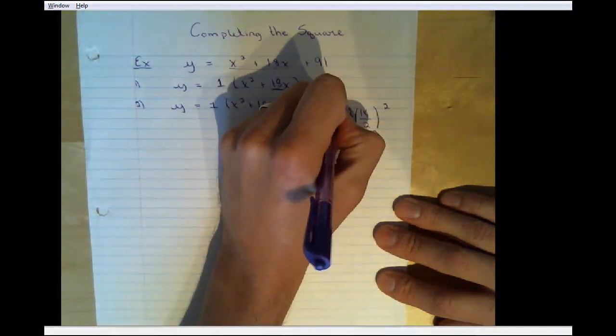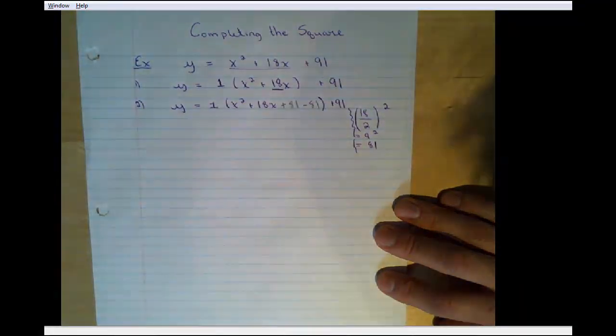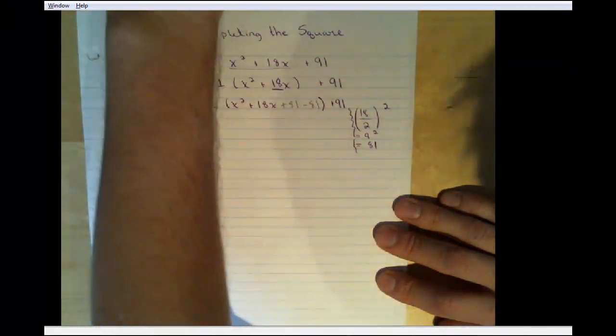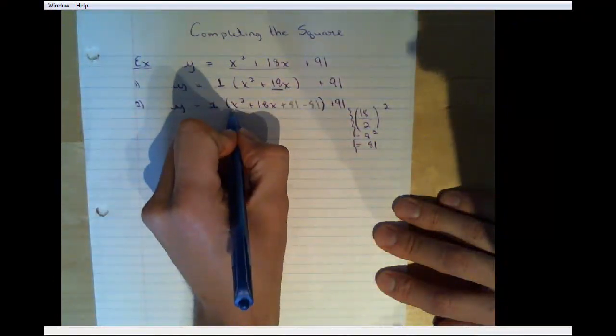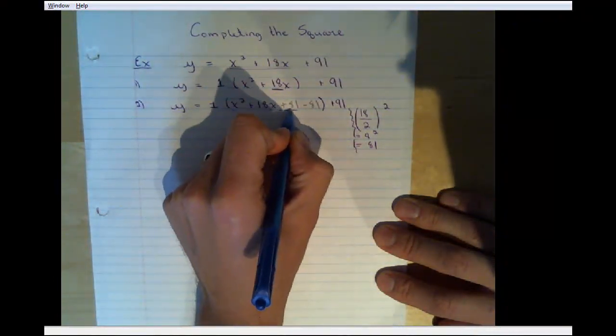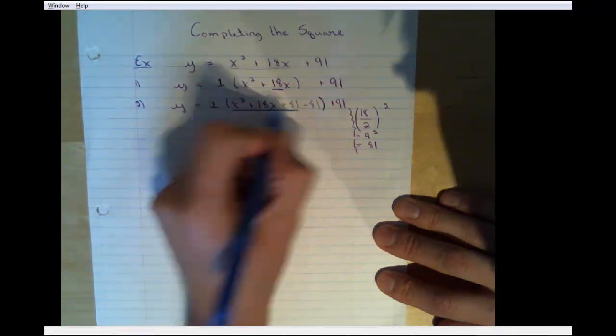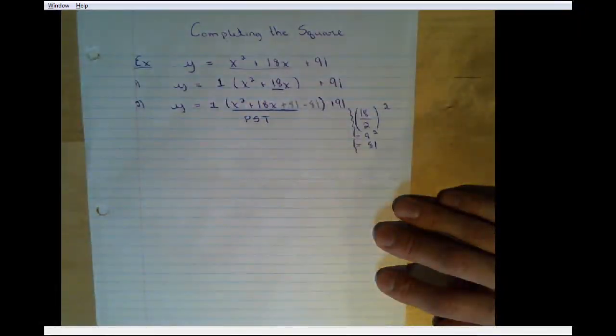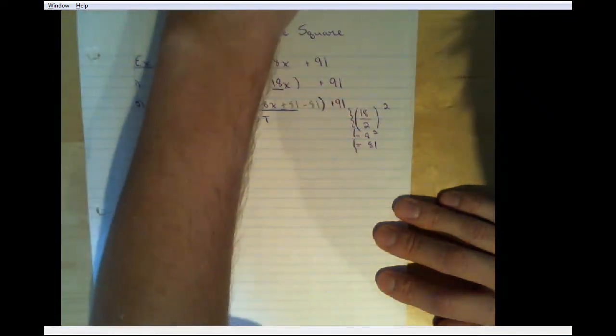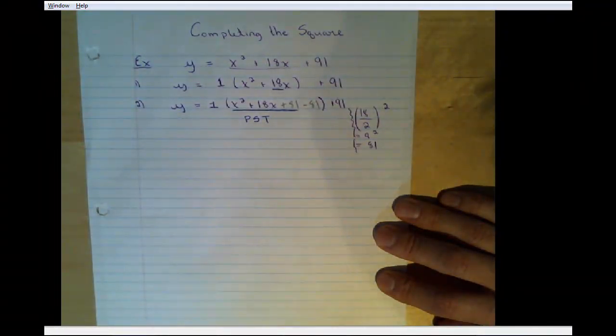Don't forget your plus 91. Now right here, these three here, we've set up a perfect square trinomial. And to get this perfect square trinomial written on the next line, you do the following.